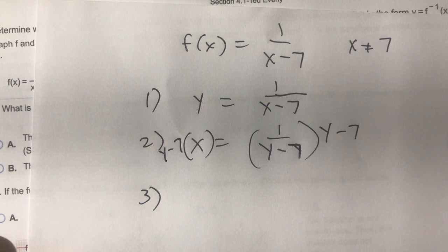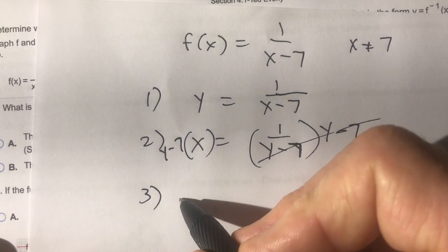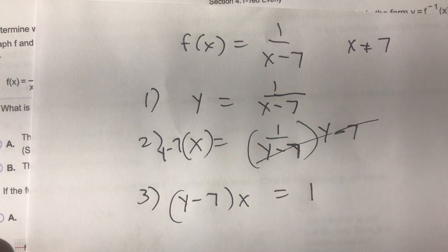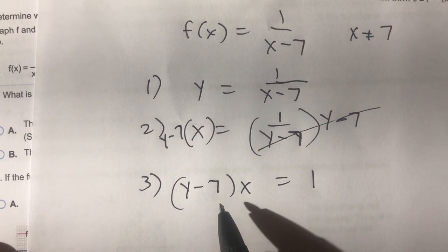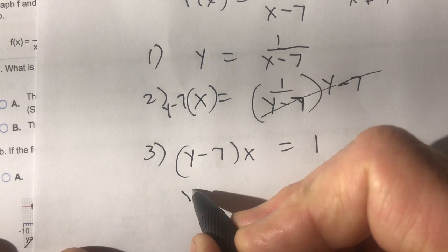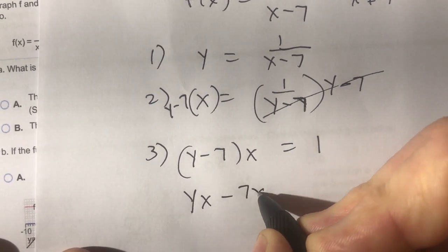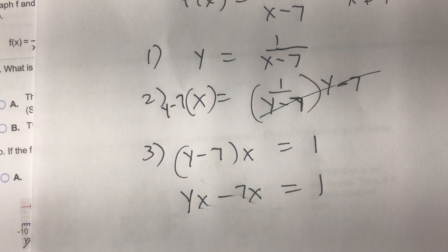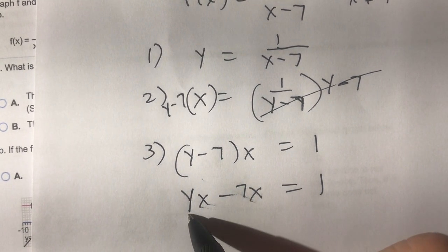Okay, which makes this cancel, so I have y minus 7 times x equals 1 over here. Well, I'm going to have to distribute this, which means I have yx minus 7x equals 1. So I just distribute the x here in this. And then here's my y I'm solving for.